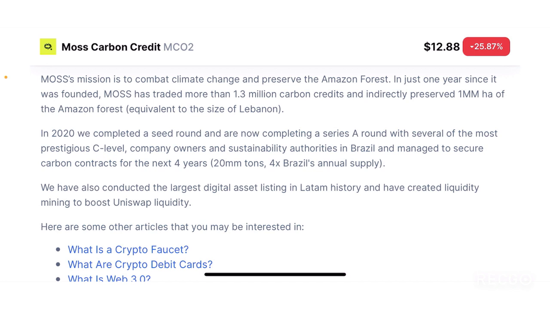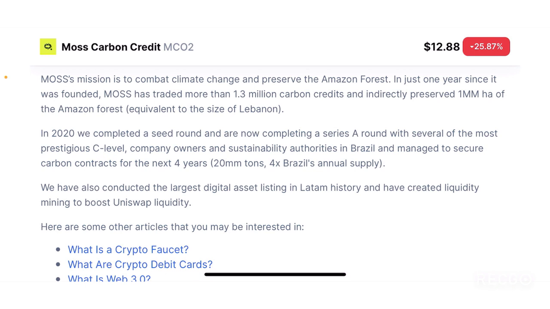In just 1 year since it was founded, Moss has traded more than 1.3 million carbon credits and indirectly preserved 1 million hectares of the Amazon forest, equivalent to the size of Lebanon. So some of the biggest achievements they've made so far: in just 1 year since they were founded, they've traded more than 1.3 million carbon credits.